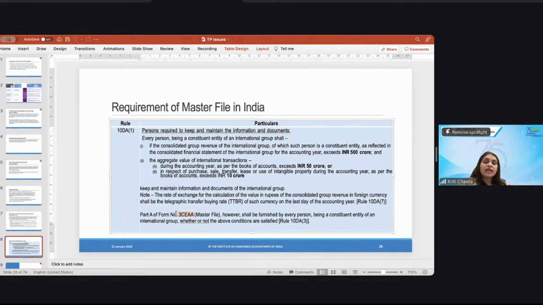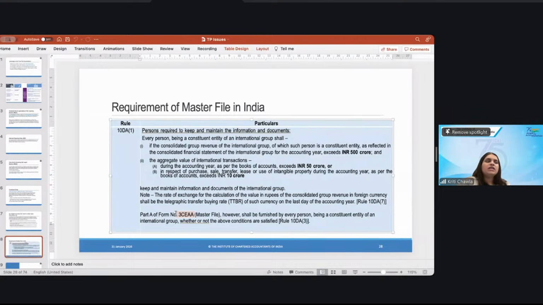Part A is to be furnished by every person who is a constituent entity of an international group. So the moment you are part of an international group, you'll have to furnish Part A of Form 3CEAA in India. Part A of master file in India is compulsory.